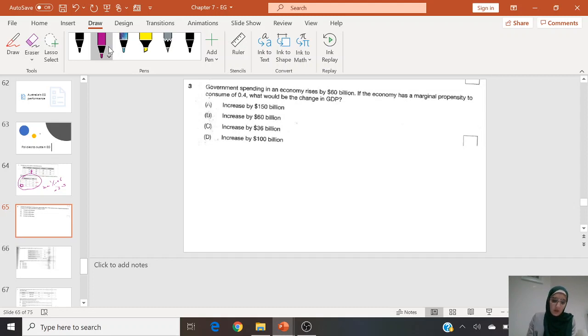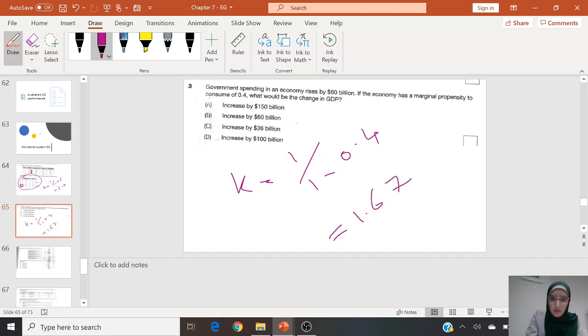All you need to do is put in the multiplier formula, which is K equals 1 over 1 minus 0.4, and that should give you 1.67. If we know 1.67 is the multiplier, we just multiply it with the increase, which is 60, so 1.67 times 60 should give you 100.